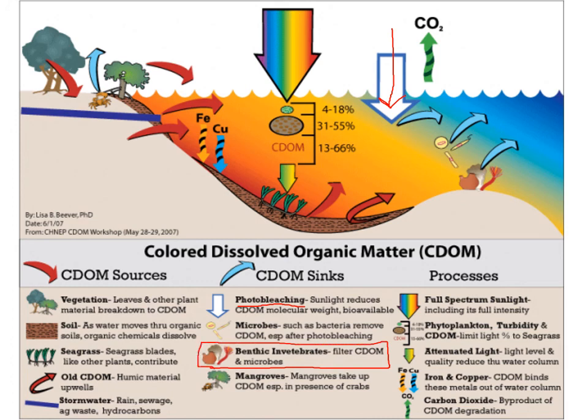Also, there's an interesting symbiosis between benthic invertebrates and bacteria that can help break down CDOM. The benthic invertebrates don't usually eat CDOM directly, but as they filter water, they bring in a lot of CDOM, and they have bacteria that live symbiotically within their tissues, and the bacteria can turn that dissolved organic matter into particulate organic matter that can be digested by the sessile invertebrates like the sea squirts or the sponges.